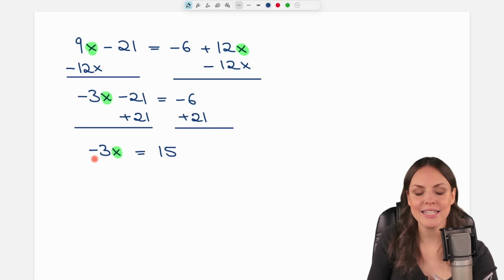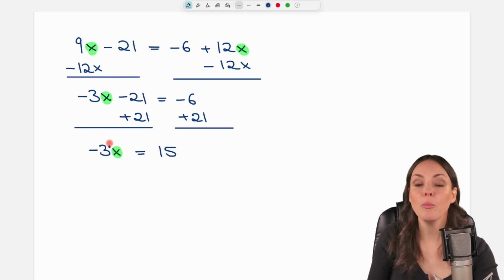How is the negative 3 connected to the x? By a multiplication symbol. So it's negative 3 times x, and we have to get rid of this connection.